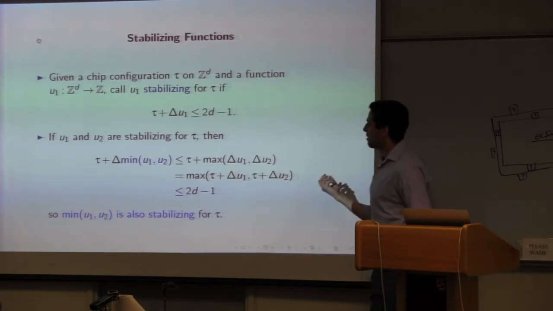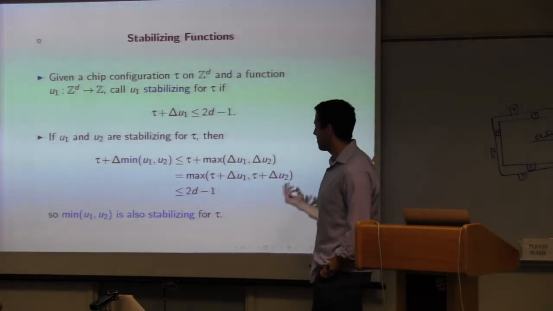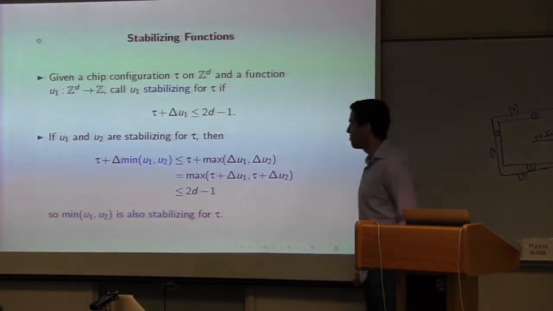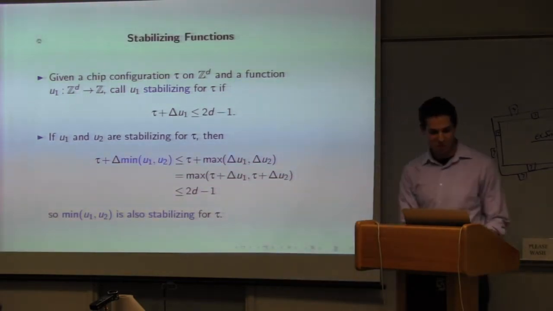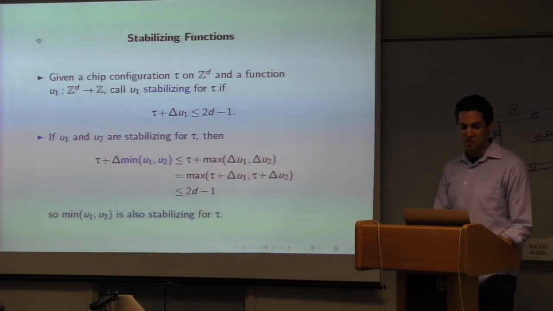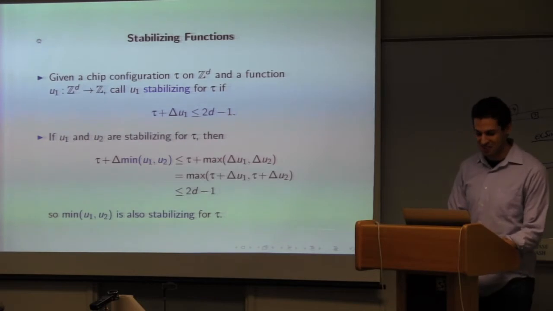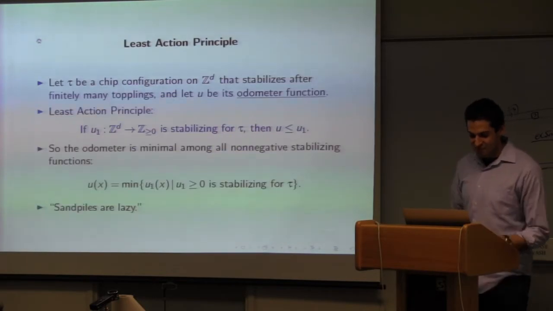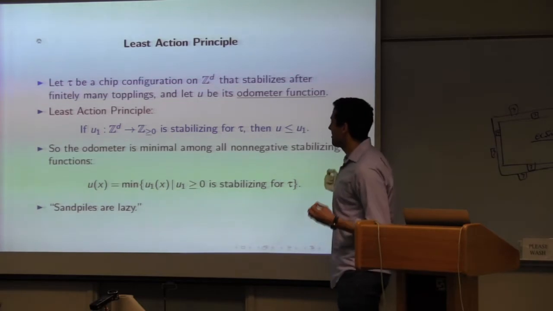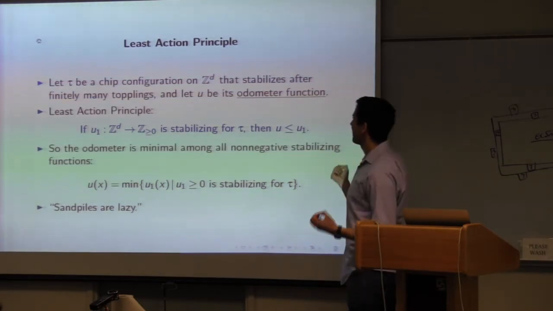Now, a thing to notice about these stabilizing functions is they're closed under taking pointwise minimum. If u1 and u2 are stabilizing, then their pointwise minimum is also stabilizing, which suggests looking for the smallest stabilizing function. And so it turns out the smallest non-negative stabilizing function is exactly the odometer function.